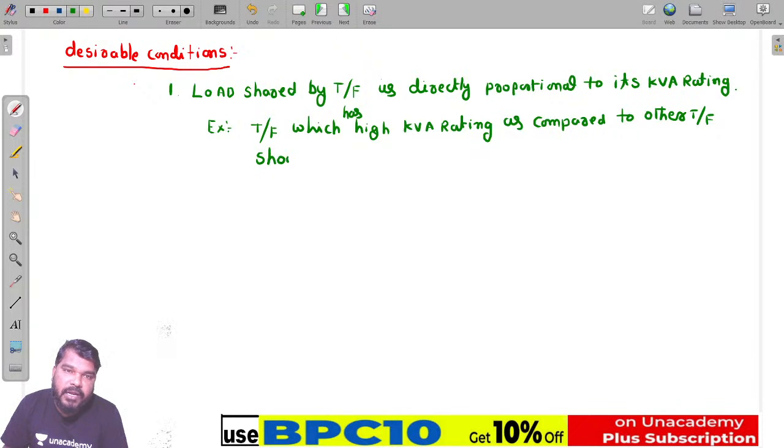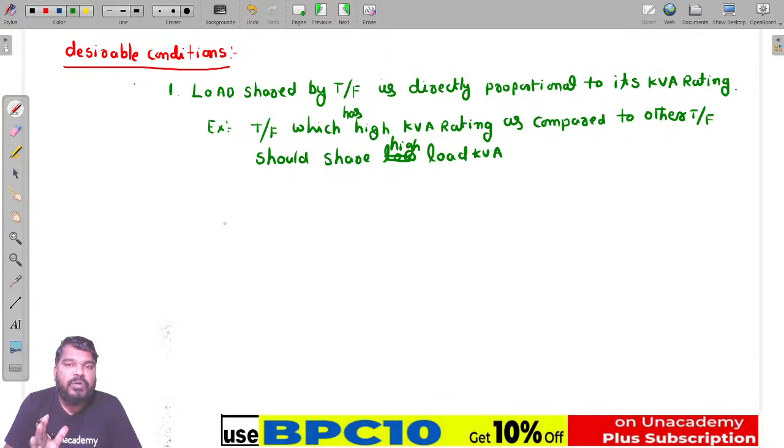It should share the load of high load kVA. So the transformer which has a high kVA rating as compared to the other transformer should share high load kVA.